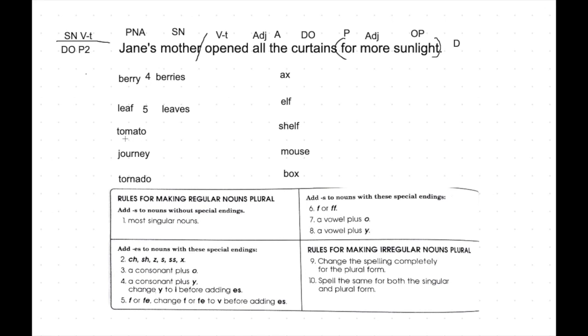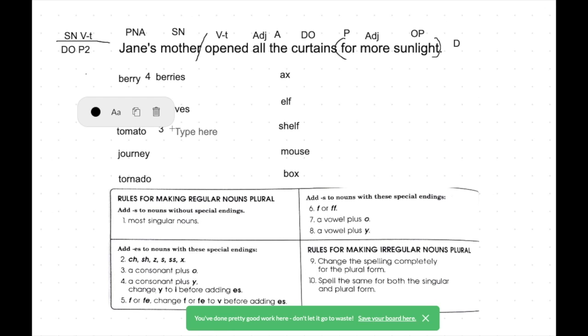Tomato. You should notice that it ends with an O. It's a consonant. T is a consonant plus an O. So you should be following rule number 3. And that means that for rule number 3, it says that we need to just add ES.